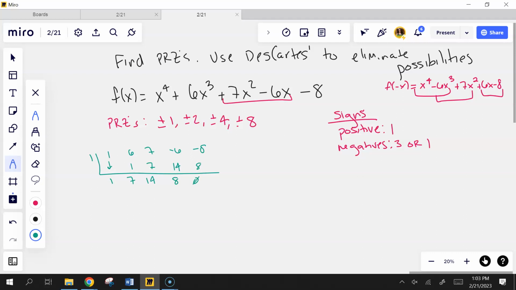It works. That's my only positive because I know I can't have more than one positive. So now I know if I need to try anything else, I only need to try negatives because there are no more positives. I've already used that up.